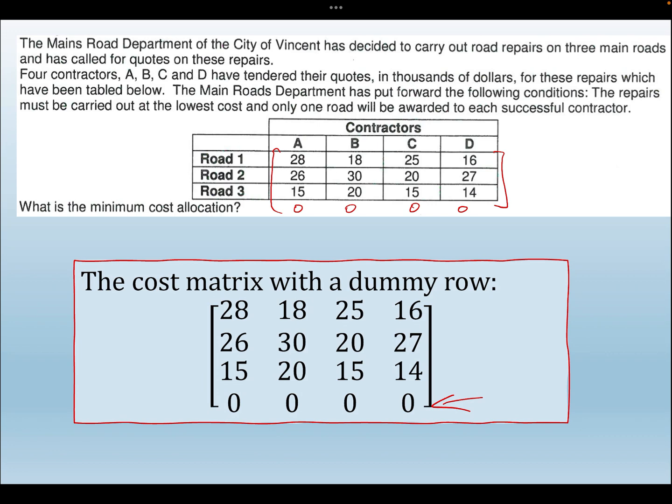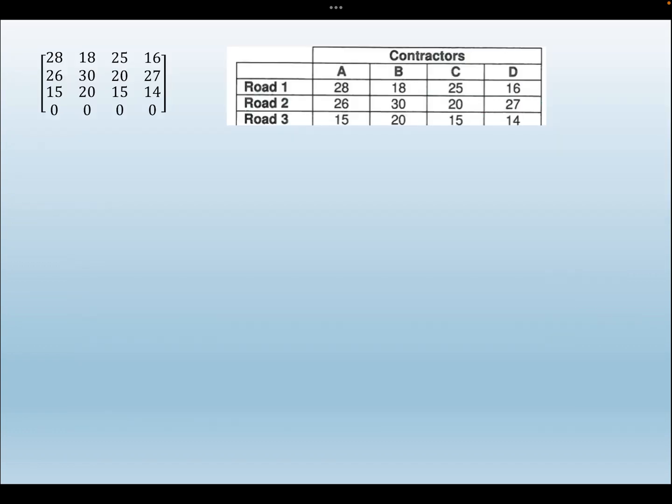Because it is a dummy row of all 0s, we don't need to do a column reduction, we need to do the row reduction. So row reduction would be taking away 16, taking away 20, taking away 14. And this is the resulting matrix. Let's draw the lines.